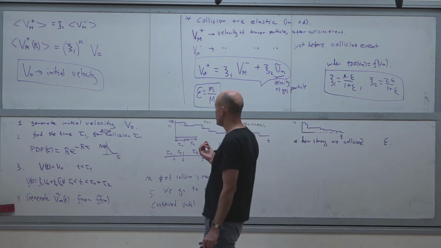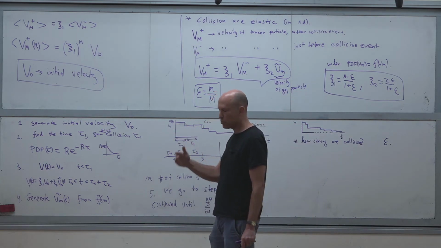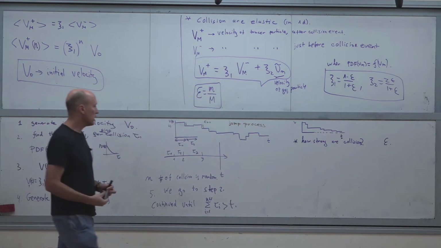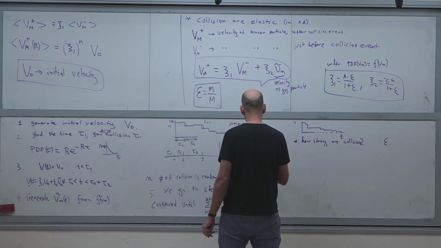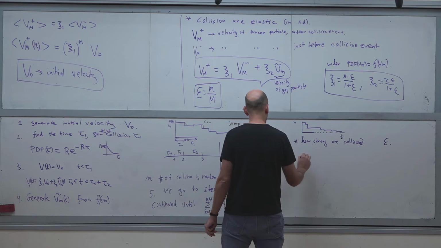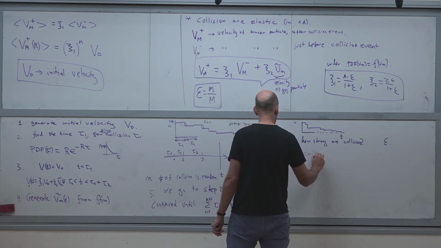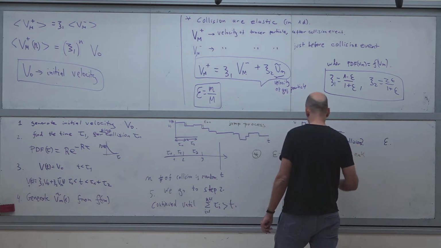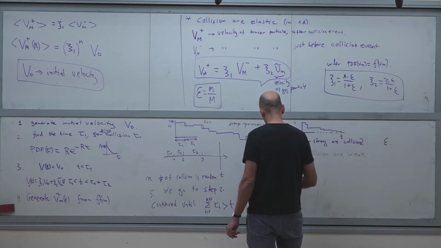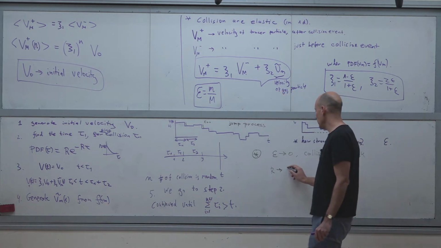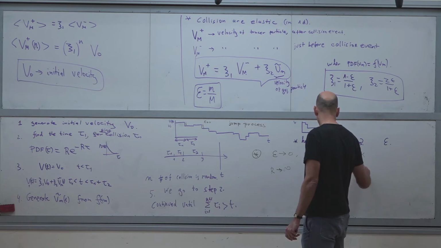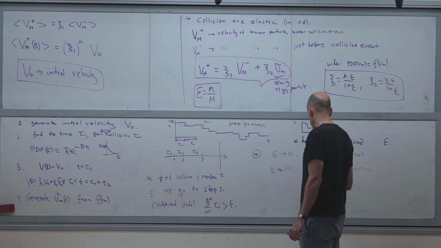So we need to define a sensible limit which describes relaxation when this epsilon goes to be small. This is the limit that we are interested in. So when epsilon is small, we call these weak collisions. And then we need to take R to infinity to get some impact on the massive particle.